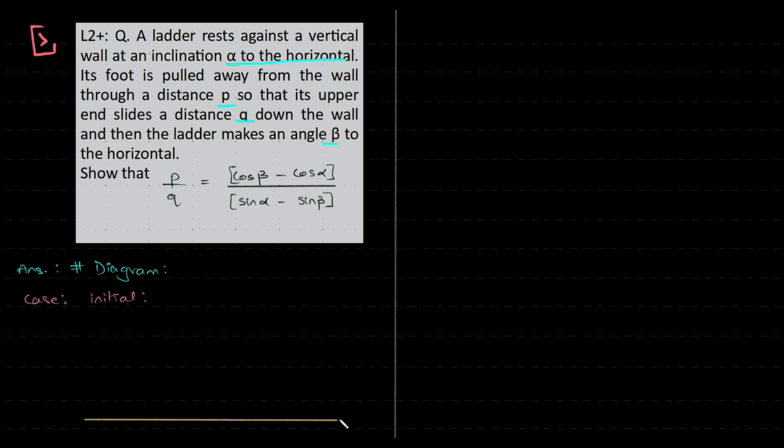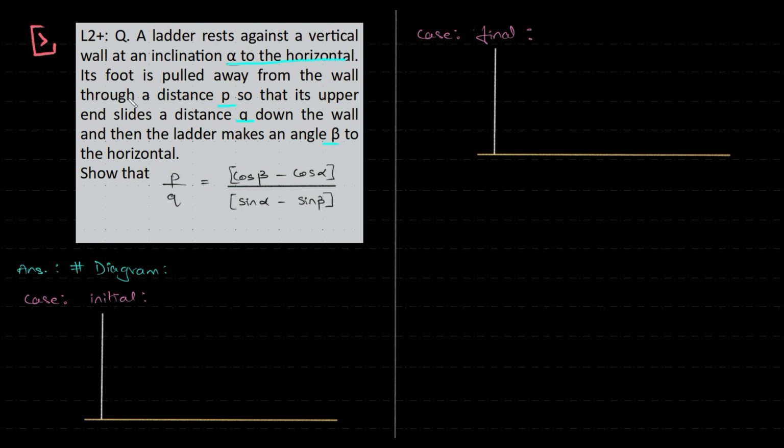So this is the wall. Sorry, not the wall, the floor, and this is the wall. There are two different cases: this is case initial and case final. The same wall, the same floor, nothing else changes over here, but what changes is how the ladder is.